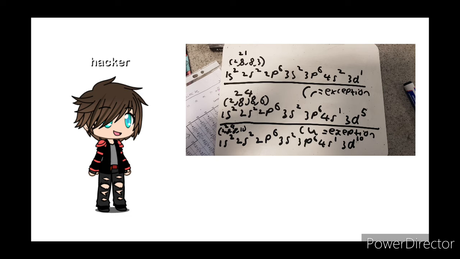With copper, it wants to fill all the d electron spaces first. So it would have 4s¹ and 3d¹⁰, which is the maximum that type of subshell can hold.